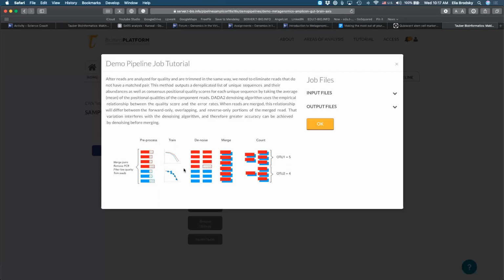And once we find that all of them have pairs, we know that those are actually high quality, good reads for us to use. Okay, so after reads are analyzed for quality and are trimmed in the same way, we need to eliminate reads that do not have a matched pair.